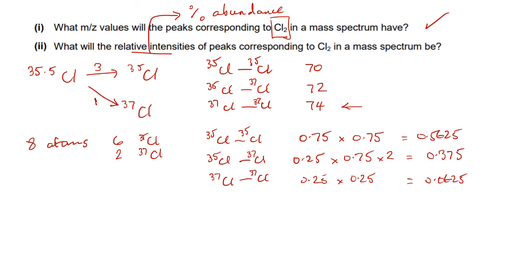And then we just have to convert these into integers. If we divide each one by 0.0625, we get 1 to 6 to 9, which would be the proportions of those 3 types of molecule in a sample of chlorine. And that answers part 2. Hope that's helped.